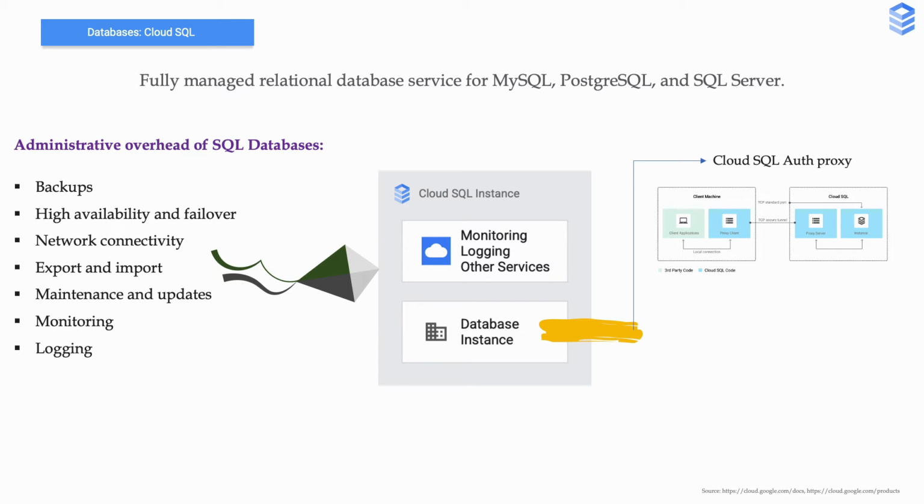If you look at this diagram, this is the client machine and this is the Cloud SQL. You have a proxy client running on your laptop, which connects to the proxy server, which connects to the database.